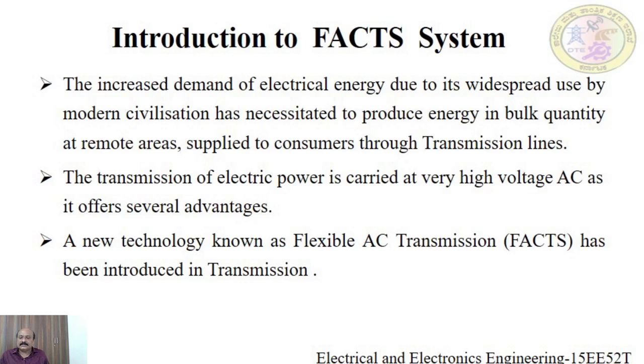The second is the stability problem. We are going to send the generated power to the receiving end. This transmission of power mainly depends upon two levels of voltages, the sending end voltage and receiving end voltage, and their angles.